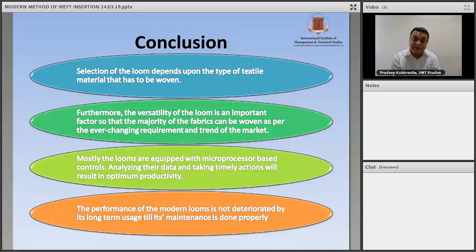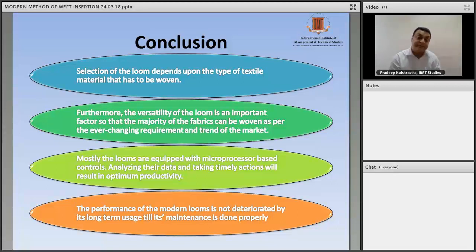Even labor should also be talented to operate the machine. A 7th class or 8th class pass laborer cannot handle it properly if they cannot read and understand the basic things. So for this type of modern machine, where one entrepreneur invests so much money, labor is also required to be qualified.